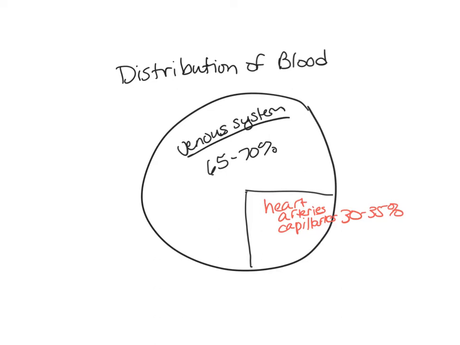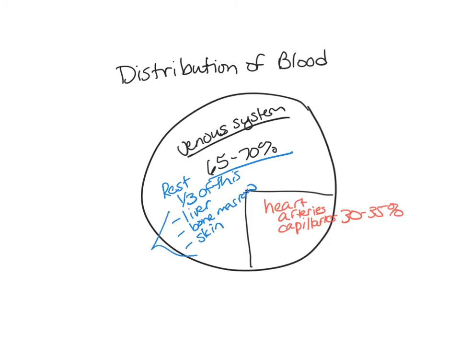And then again, when we're looking at the veins, because that's 65 to 70% at rest, 1/3 of this is in the liver, the bone marrow, and the skin.